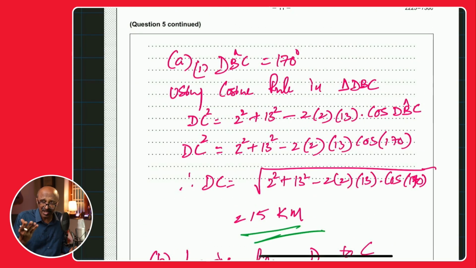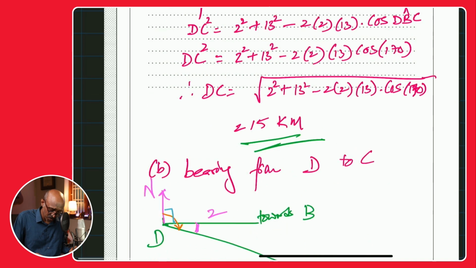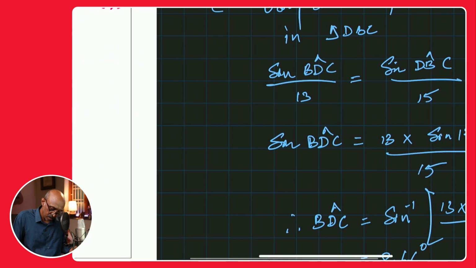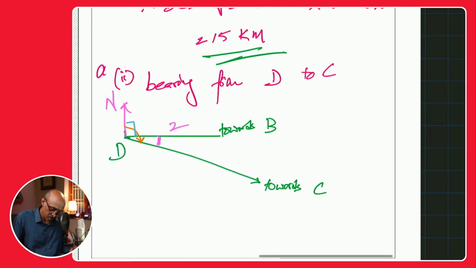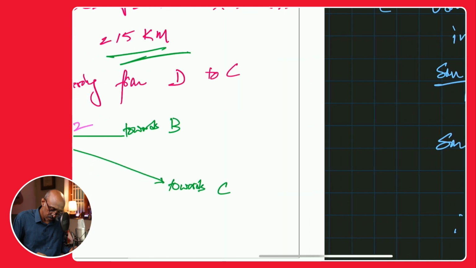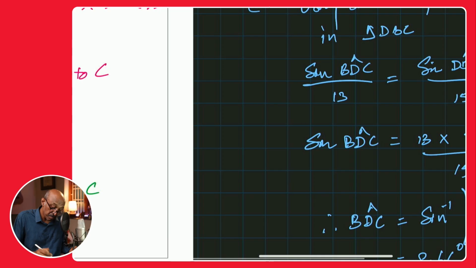At every question, please check that way. Just don't rush to the next question, okay? I think that is maybe the most important thing to learn from. This is my A part 2, bearing from D to C. What was this then? Oh, this was part of that answer.